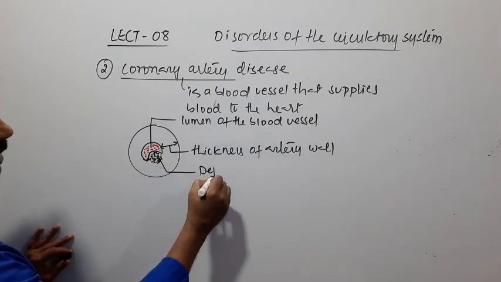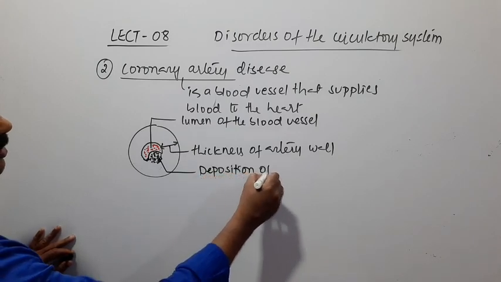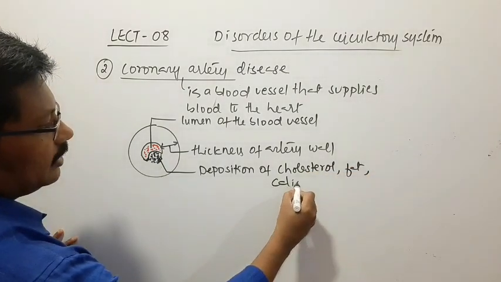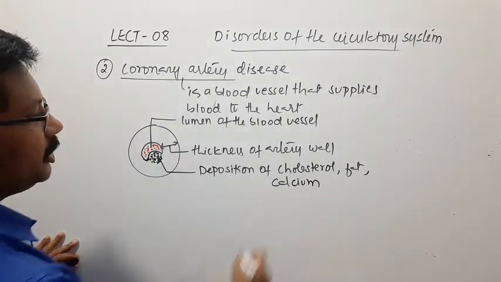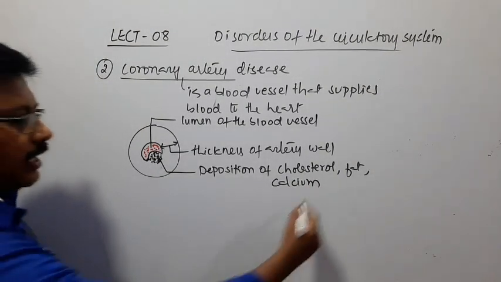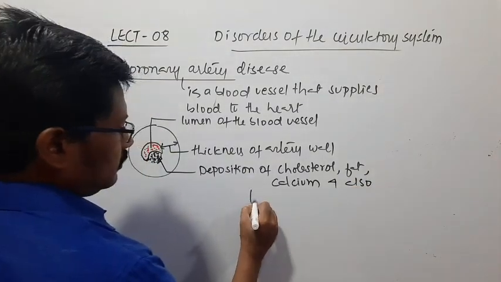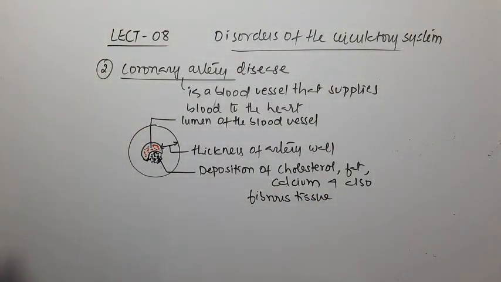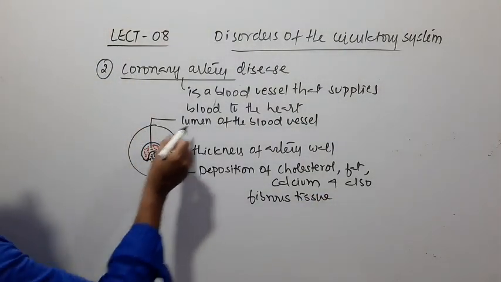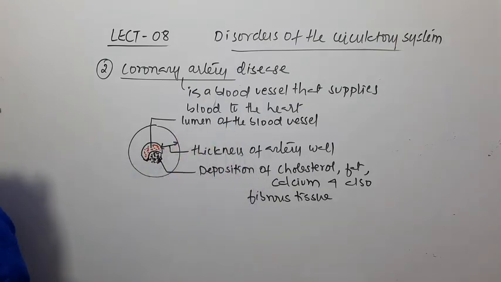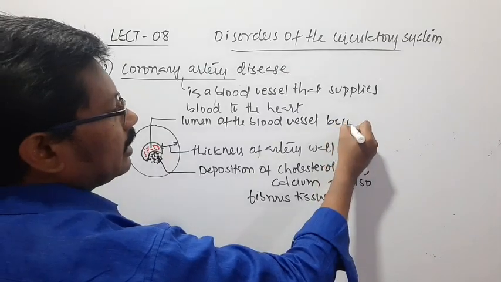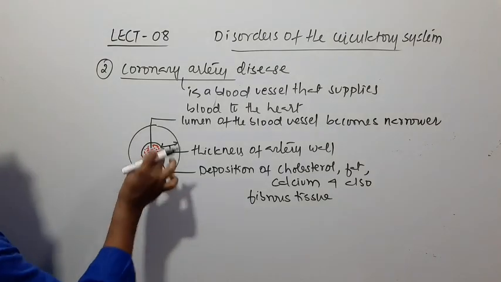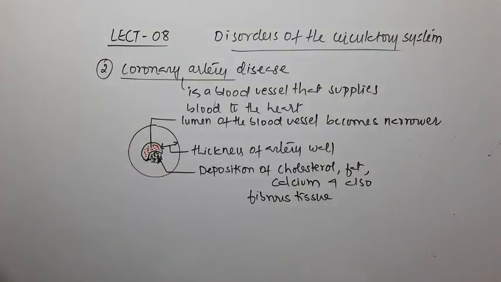So this is the deposition of cholesterol, fat, calcium, and also the fibrous tissue, which is a dead tissue. Because of that, the lumen of the blood vessel becomes narrower, and the narrower it becomes, the more pressure it results.